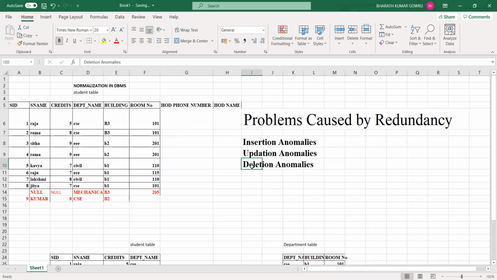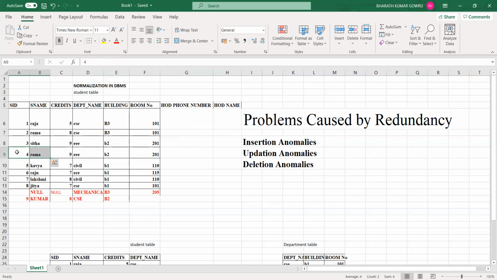Now we will discuss the meaning of deletion anomalies. Suppose one student is not promoted to the next semester. In that case, we will delete those details. Suppose student ID 4 is not promoted.